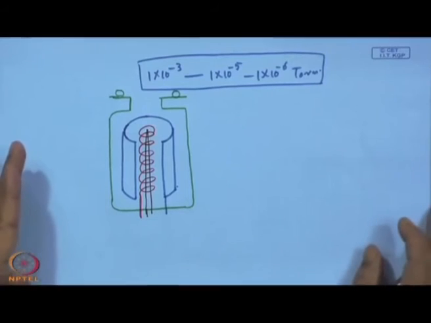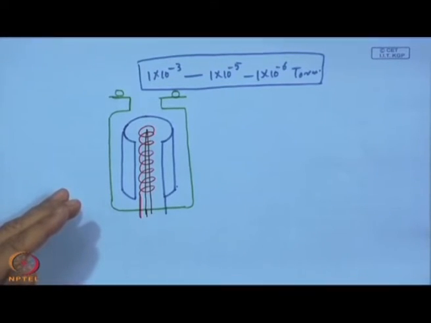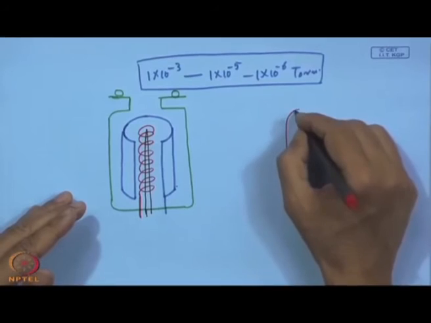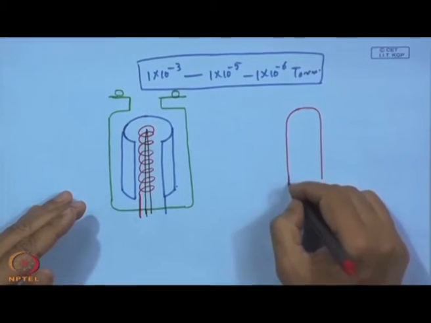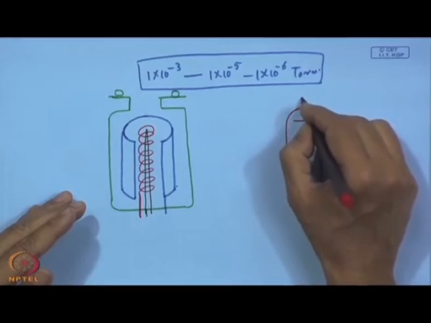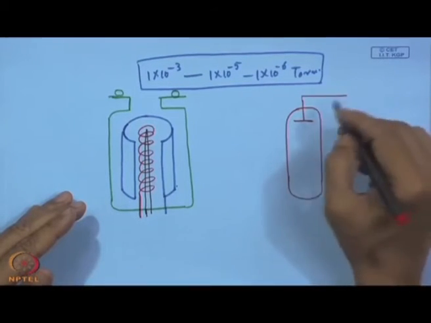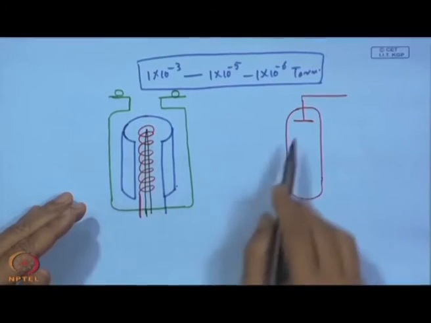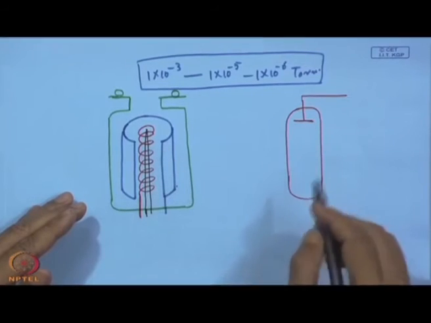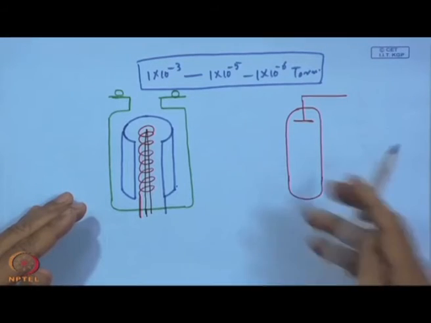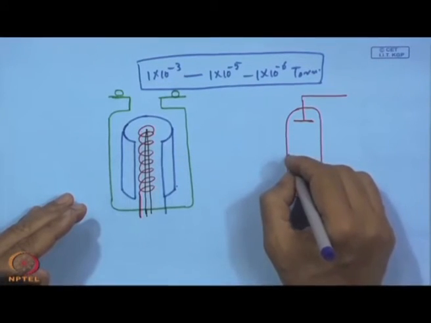We can also have another diagram for understanding. This is the casing, and this plate is what we call the ion collector, shown by this blue line, and in the central position we have this one drawn in the form of a helix.